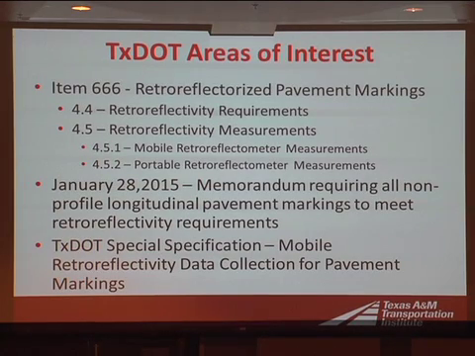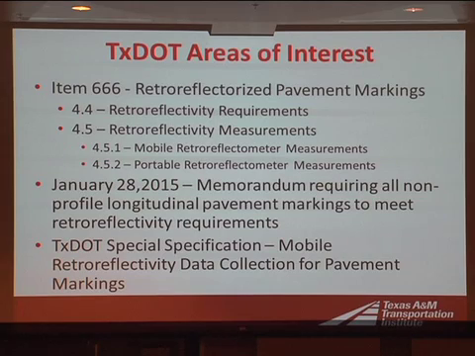Item 4.5 in that specification talks about the retroreflectivity measurements themselves. 4.5.1 talks about the mobile retroreflectometer measurements. It specifically states that they're required for any project that has more than 200,000 linear feet of pavement markings. For projects that are smaller, the mobile is not required, but it can be used by the contractor if they so choose.